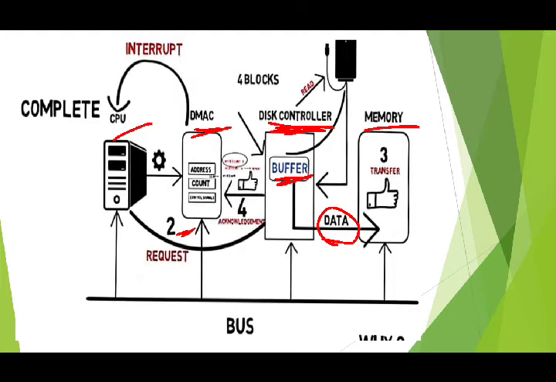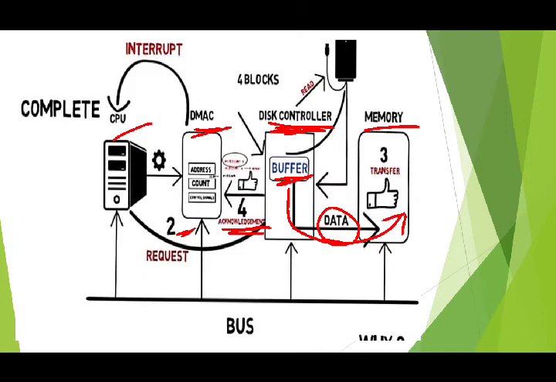Here we can see the disk controller is transferring the data to the memory, and after the transfer of data, the disk controller will send an acknowledgement to the DMA controller, and we can see that acknowledgement given to the DMAC, or direct memory access controller, and after getting the acknowledgement it will decrease the count.